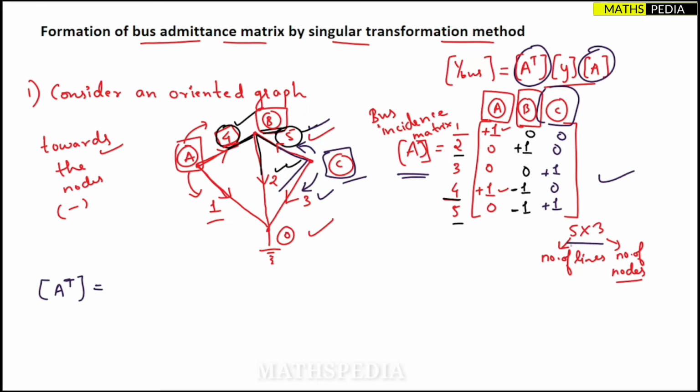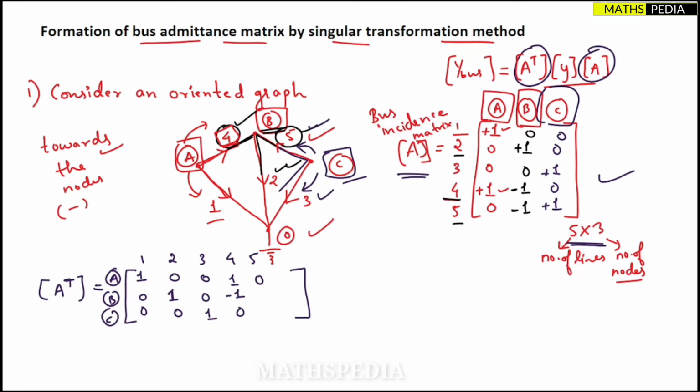So it was 5 cross 3, now it will become 3 cross 5, with lines 1, 2, 3, 4, 5 and nodes A, B, C. So 1, 0, 0, 0, 1, then 0, 0, 0, 1, 1 minus 1, 0, and the last one 0, minus 1, 1. Write it over here. This is the 3 cross 5 matrix.